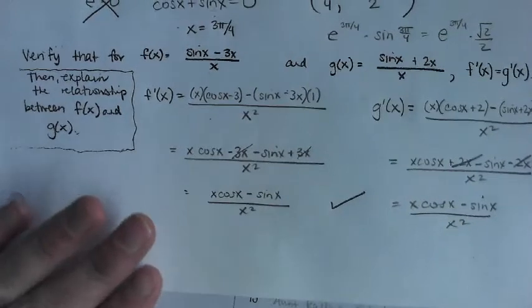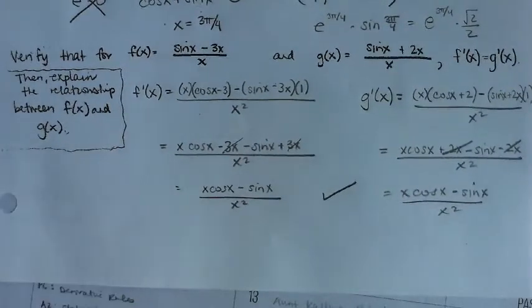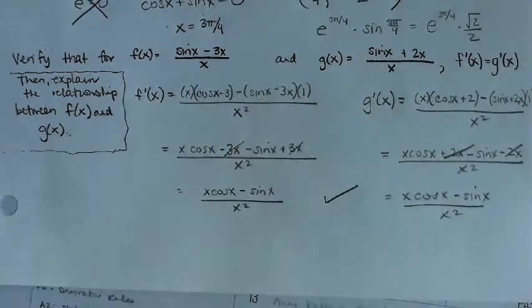Then explain the relationship. Why would their derivatives have been the same? When have we seen two functions whose derivatives are the same? They're parallel. Yes, so one's like a shift of the other is when we've seen that. So how could we explain why one of these is a shift of the other one?